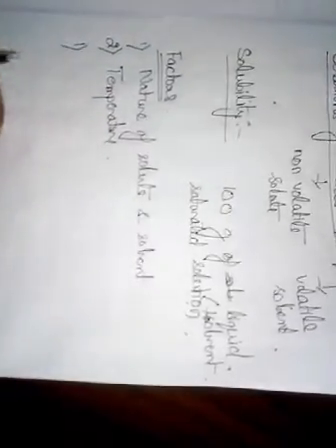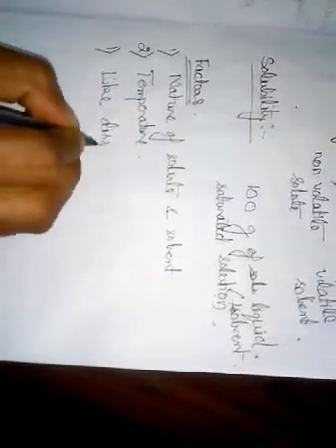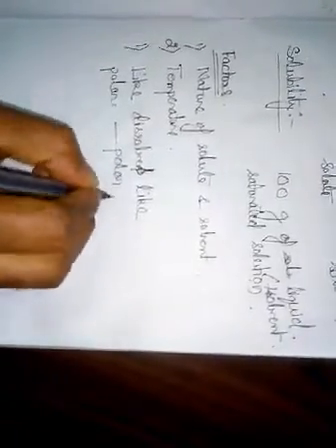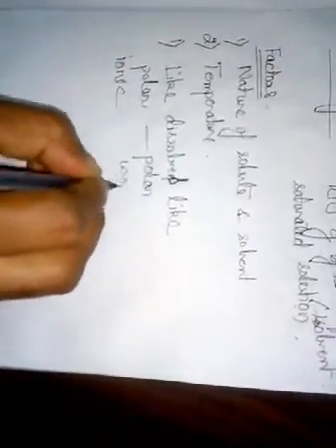So the first factor can be explained like this. All of us know like dissolves like. That means polar solutes will dissolve in polar solvents. Polar can be taken as ionic compounds in solvents like water.